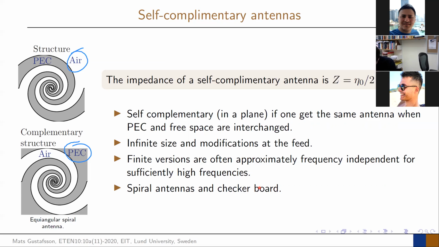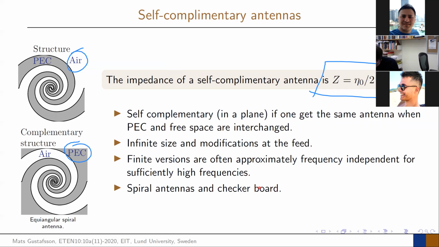And if you have an antenna that is self-complementary, your input impedance is half of the free space impedance, basically 190 ohms. So if you build a feed line that is 190 ohms, it's perfectly matched for all frequencies. Incredibly good.